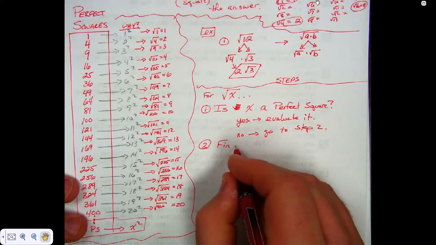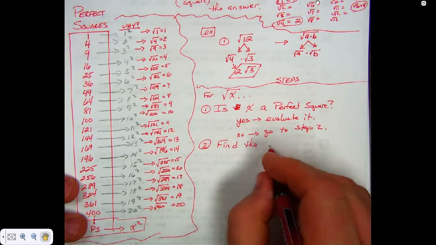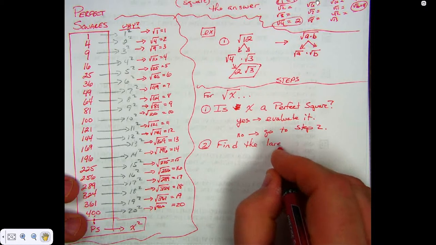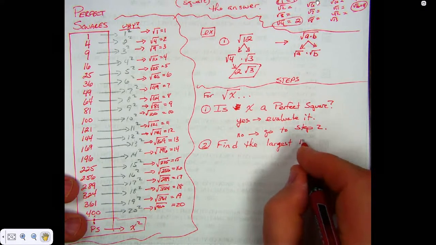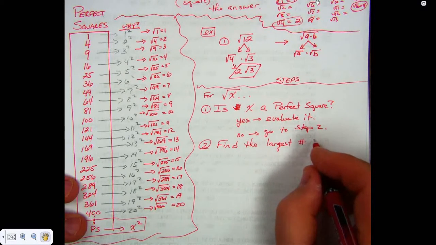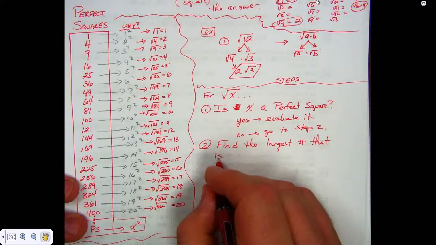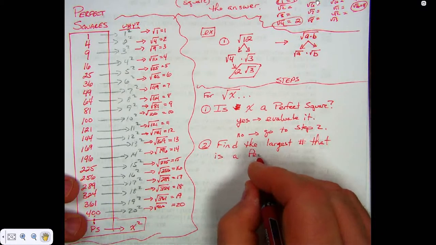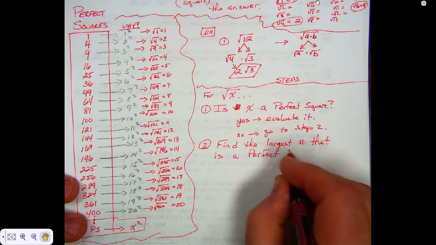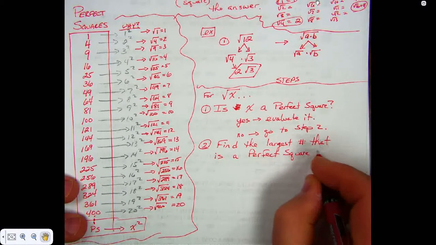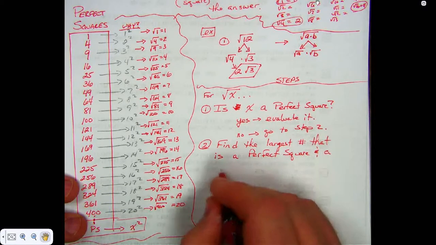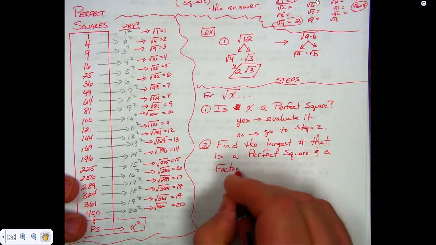Find the largest number that is a perfect square and a factor of x.